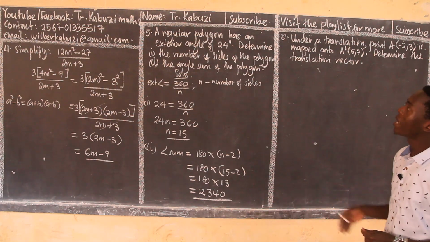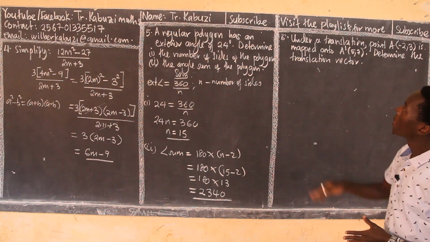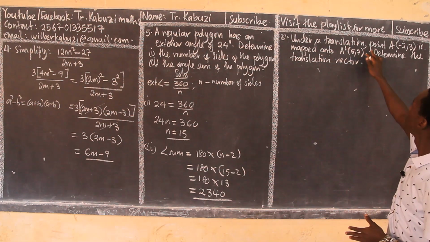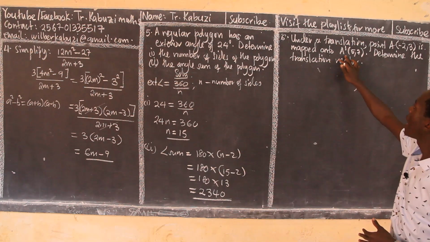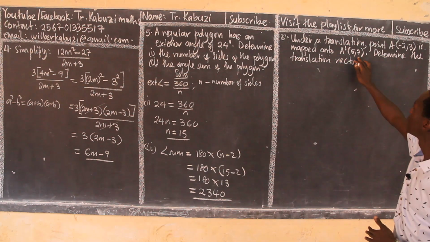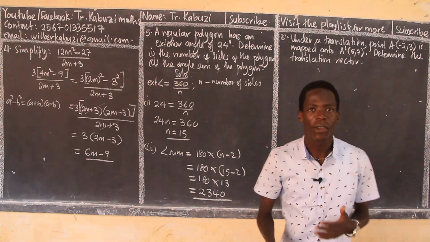Now we come to this one, I think one of the easiest questions in that paper. It says under a translation, a point A is mapped onto a point with this coordinate. Determine the translation vector. So there I think you know the idea we use.